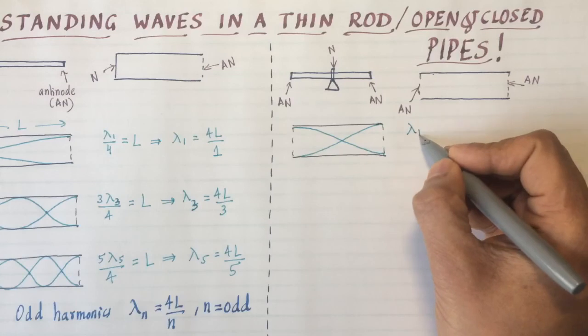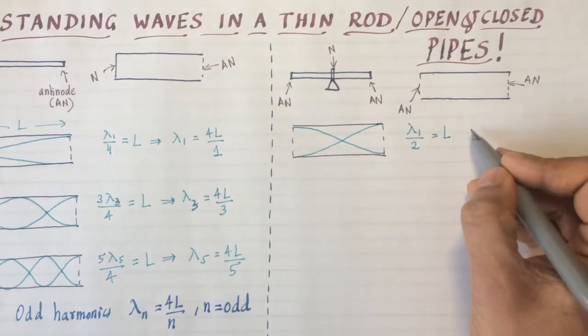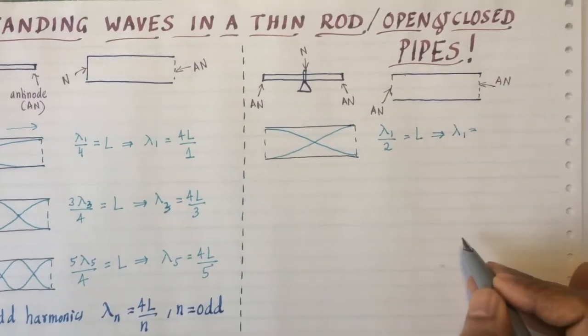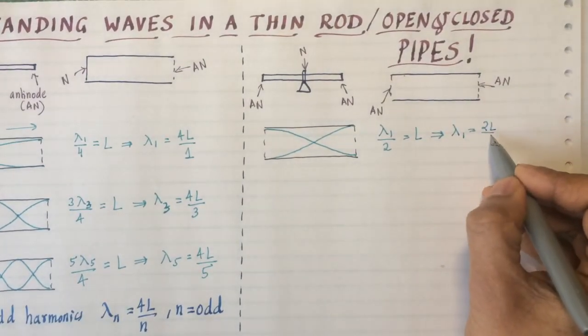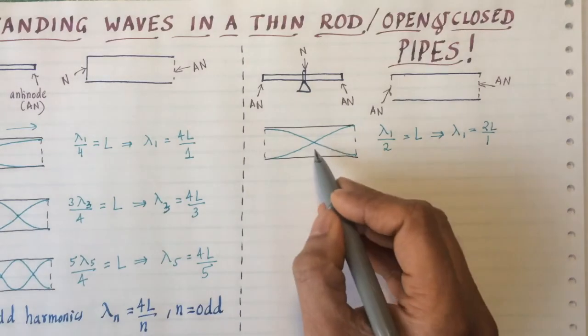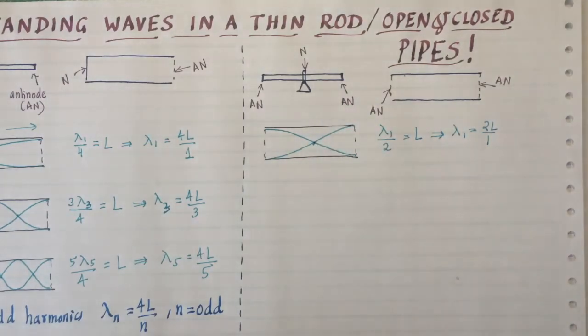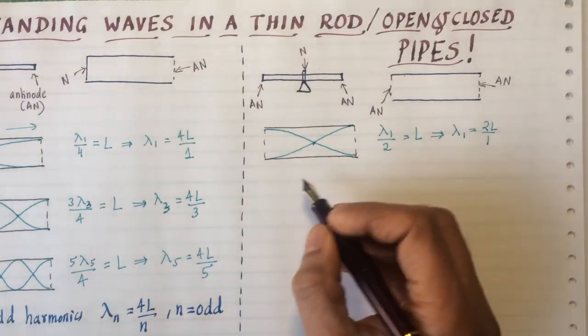So lambda 1 over 2 equals L. So that gives me lambda 1 equals 2L over 1. This will also be suitable for the rod because there's a node in the middle. So that applies to both cases.